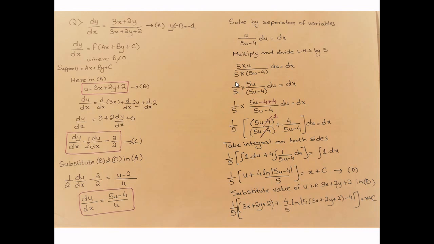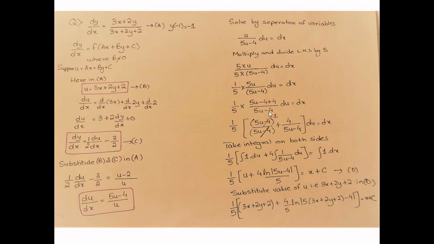Now there are different ways to simplify this left hand side, and what I have done here is that I have just multiplied and divided this equation by 5 to get 5u. All I am trying to do is to create 5u minus 4, which is in the denominator, to also appear in the numerator, so that this equation will get further simplified.